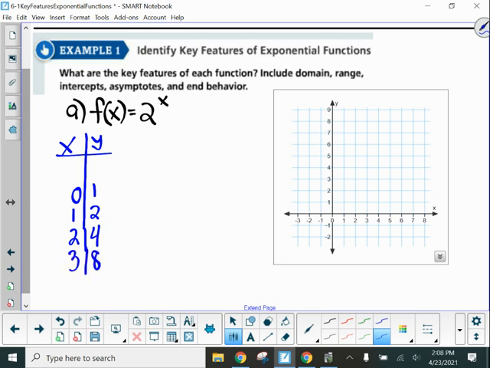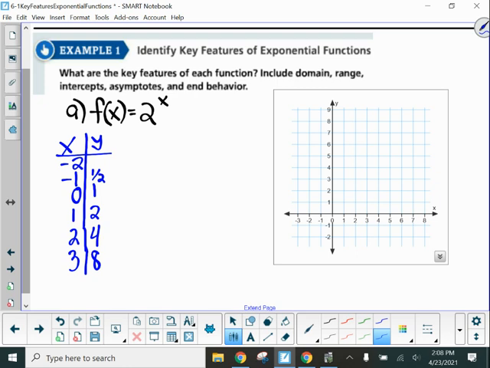4 is going to give me 16, and that's actually going to be off of the graph. I want to consider negatives as well. The domain is all real numbers, because there is no x value that you can't plug into this equation. If I plug in -1, 2 to the -1 power, remember negative exponents mean reciprocal, so that's 1 over 2, or 0.5.